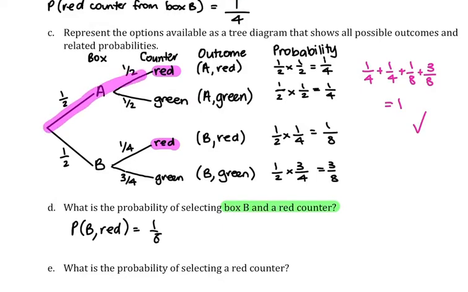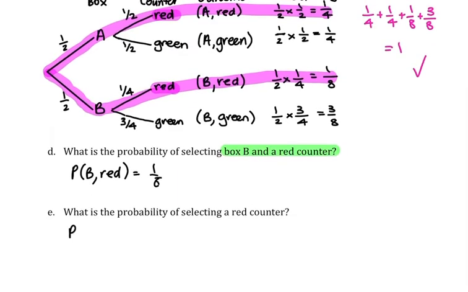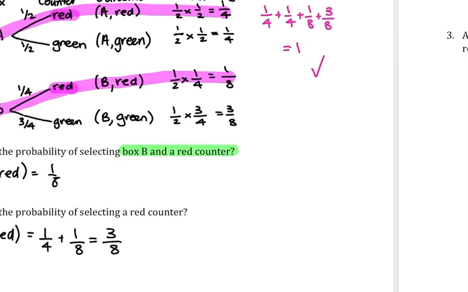So A red has a probability of a quarter, and then B red has a probability of 1/8. So we're going to add those together. So the probability of a red is a quarter plus 1/8, and a quarter plus 1/8 equals 3/8 in our calculator.